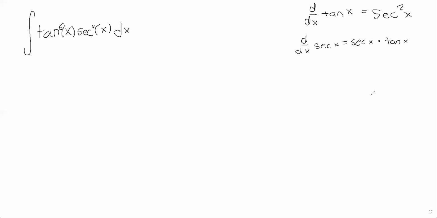For now, I guess I will. I think in this case, our secant squared x is just going to work better. Yeah, I agree. Mainly just because of this right here. So we're going to want to set it up to where tan becomes our u, is that right?